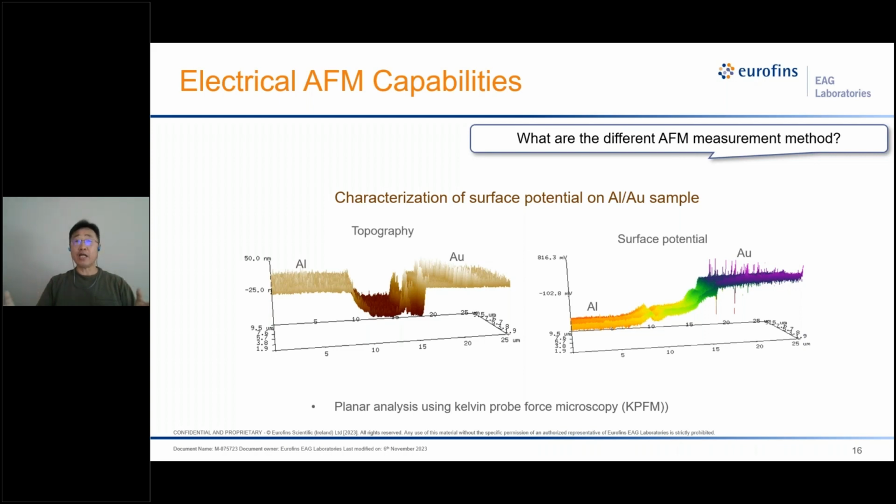Considering that the theoretical work function of aluminum is 4.3 eV and for gold is 5.1 eV, the surface potential difference of over 0.84 measured correlates to the actual difference of both materials' work functions nicely.